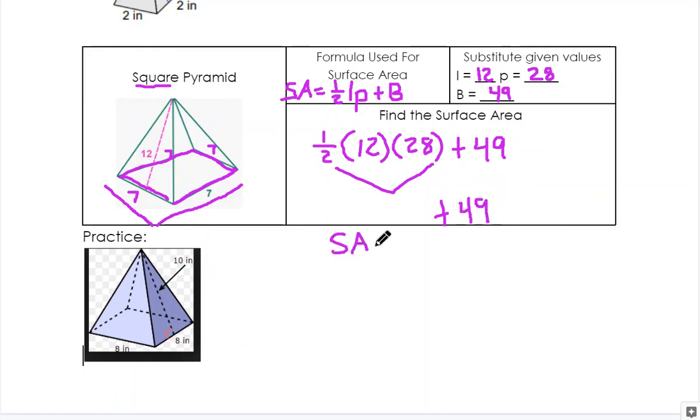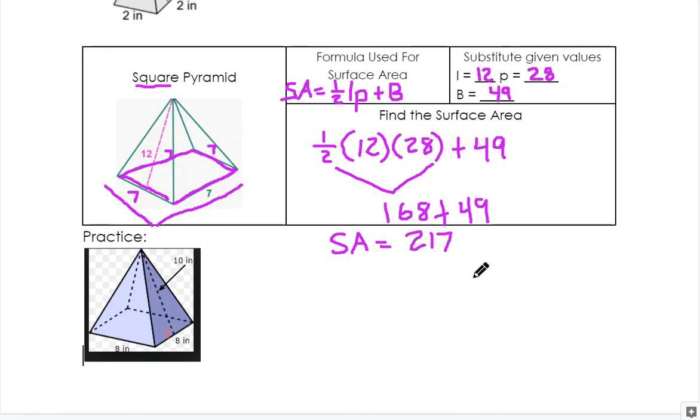So I have to do 1/2 times 12 times 28. So 1/2 is the same thing as 0.5, so 0.5 times 12 times 28 gives me 168. So now to find my surface area, I have to add this 49, right? So 168 plus 49 gives me 217.